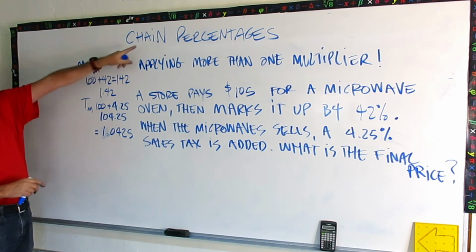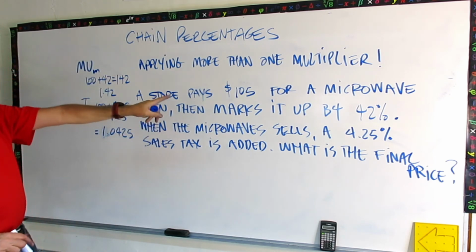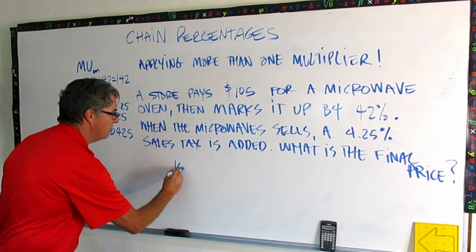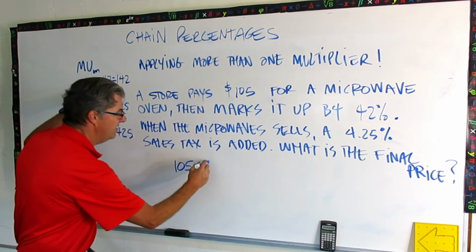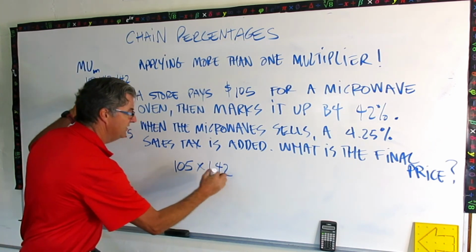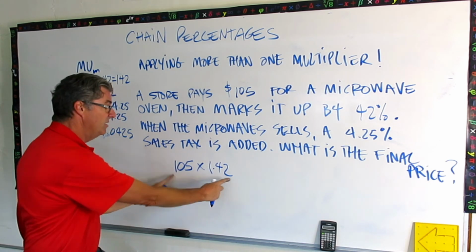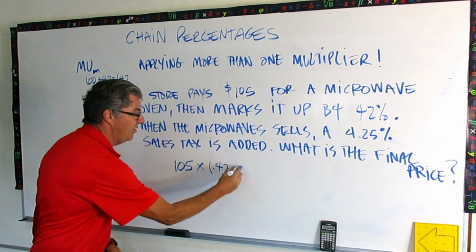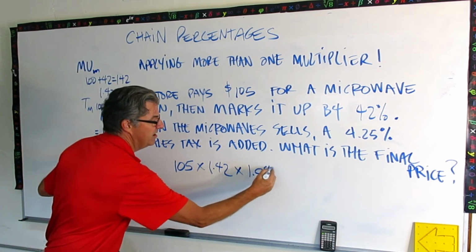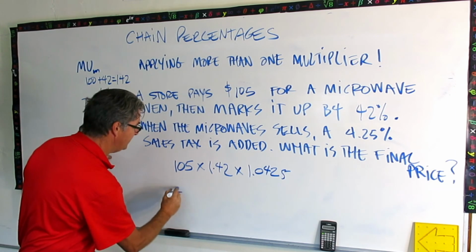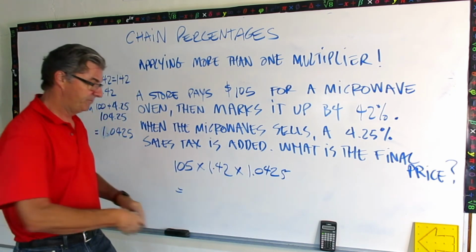Now it comes to chaining them together. It's pretty straightforward. We take our first price, the price that the store owner paid for the microwave, and multiply it by our first multiplier, 1.42. This quantity is the price it sells for in the store. We take that quantity and multiply it by the tax multiplier, 1.0425, and that gives us the price that the customer pays when they walk out the door.